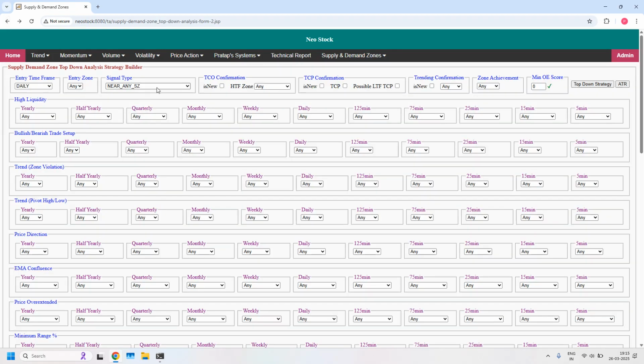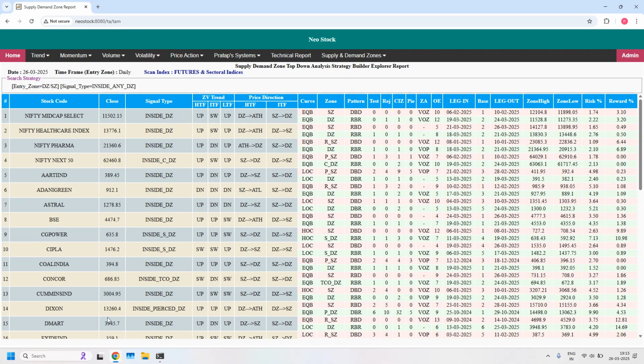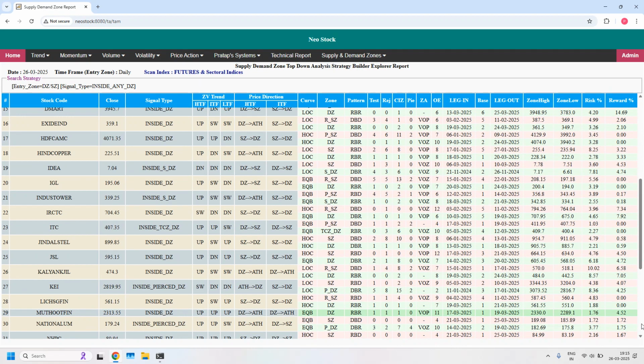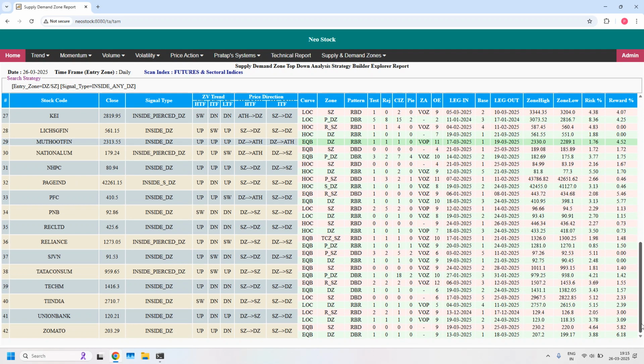Okay, next. Price closed inside the daily demand zone. First 15 stocks in the list. I am scrolling the list down. Total 42 stocks are filtered.